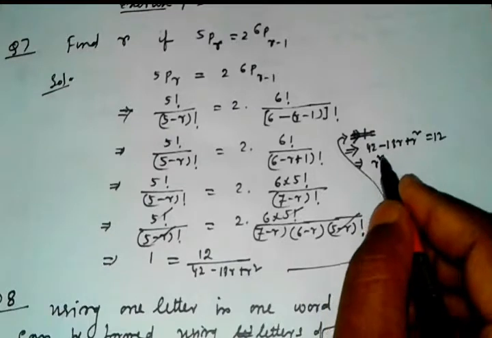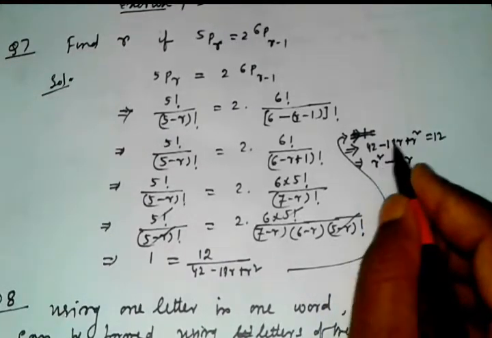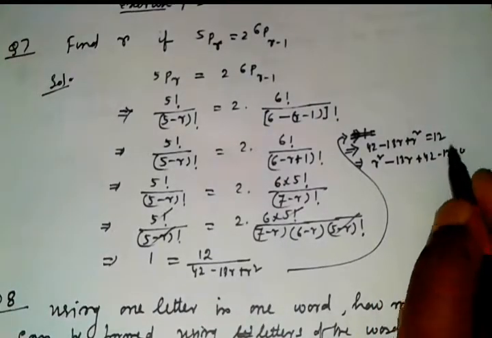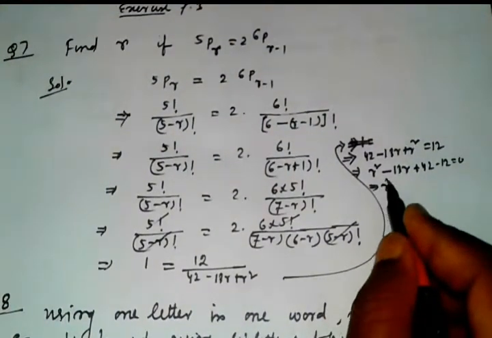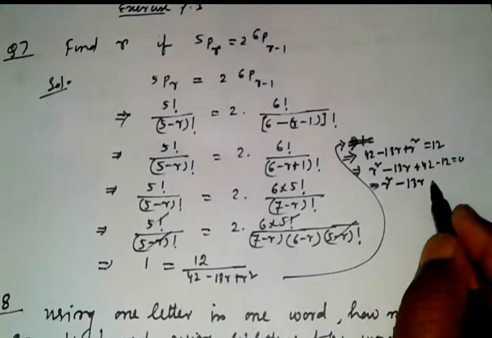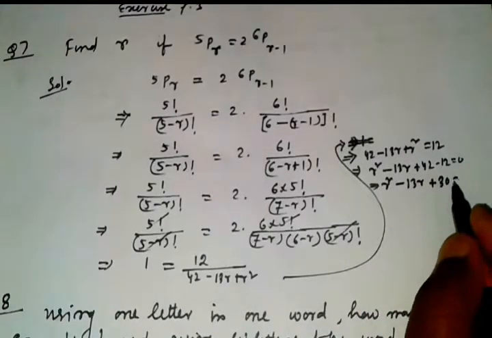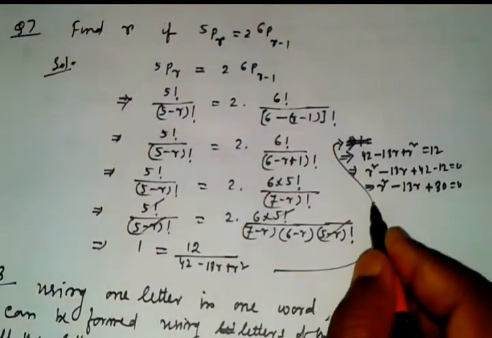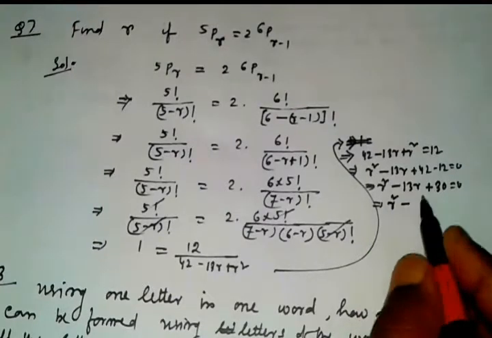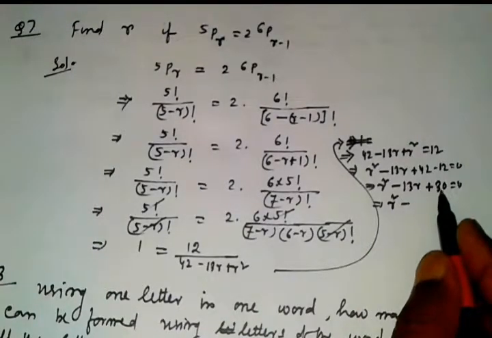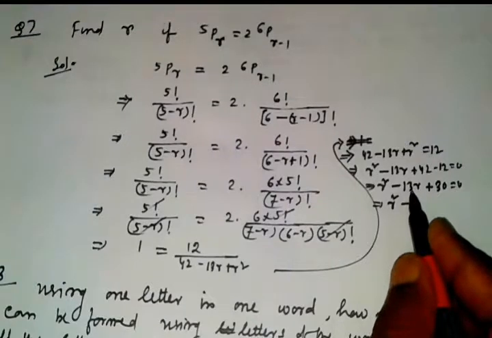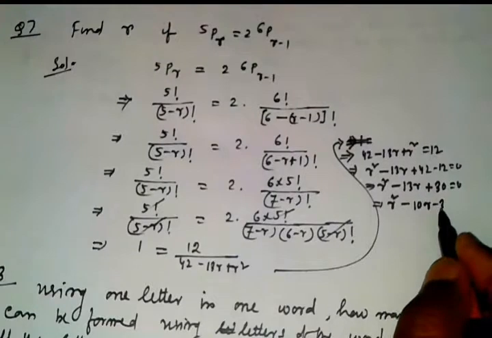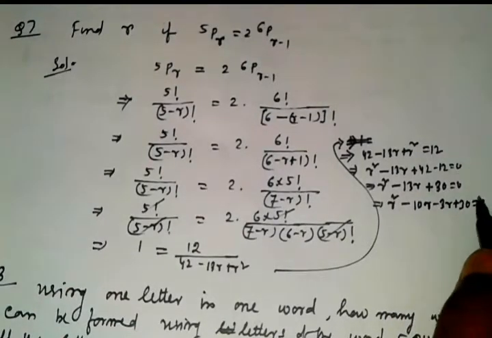We can write this as r square minus 13r plus 42 minus 12 is equal to 0. So r square minus 13r plus 30. Now we have to factorize this: r square minus 10r minus 3r plus 30 is equal to 0.